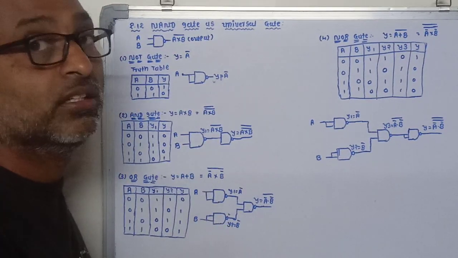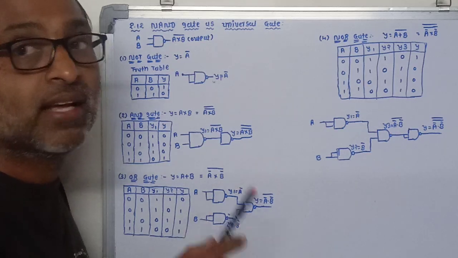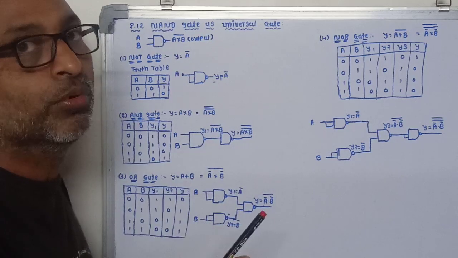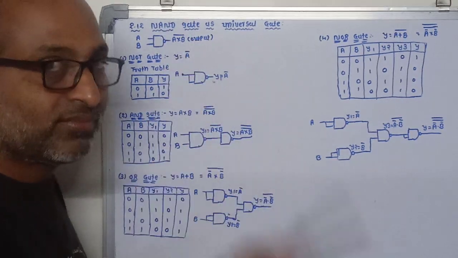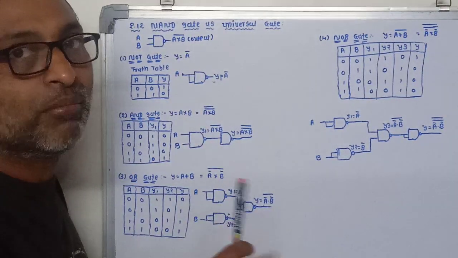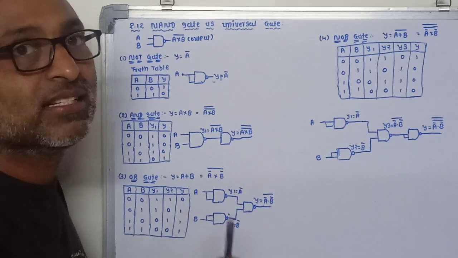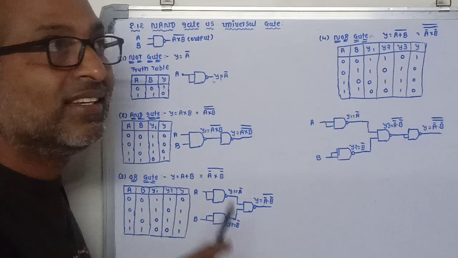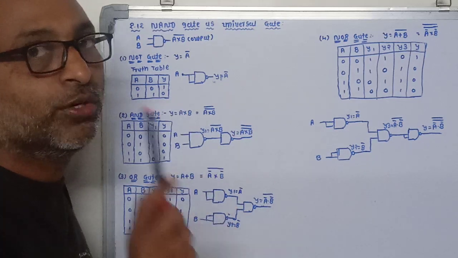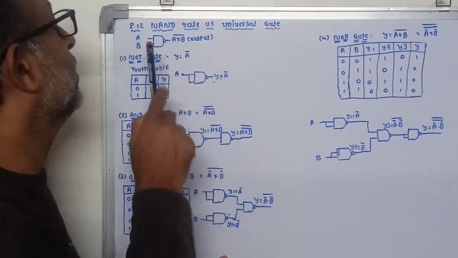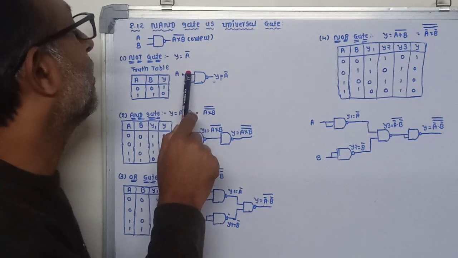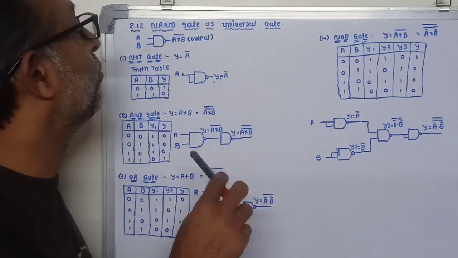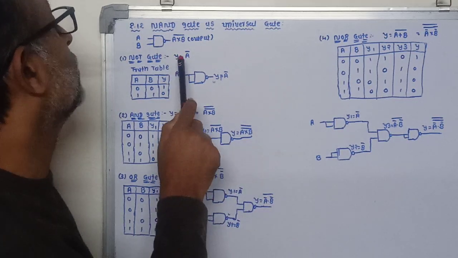First, the NOT gate. How do we build a NOT gate using the NAND gate? The NOT gate has only one input and one output. In the NAND gate, one output is there, but the main problem is that the NAND gate has two or more inputs. So first, this two-input gate is converted into one input for the NOT gate. Here terminals A and B are shorted, so your input terminal becomes one.